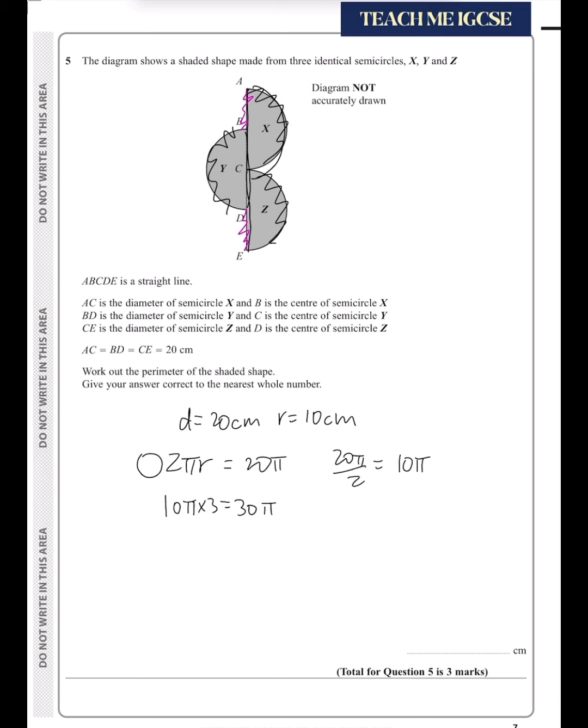So radius is 10, and we'll do 10 multiplied by 2, which is 20 centimeters. 20 centimeters plus 30 pi gives us 114.25. We need to round it to the nearest whole number, which is 114 centimeters.